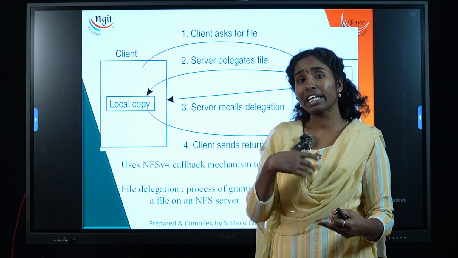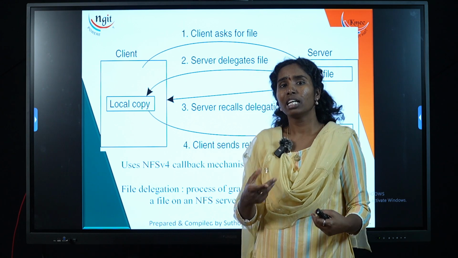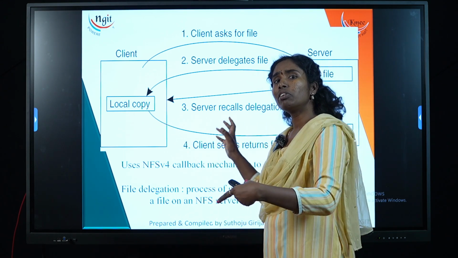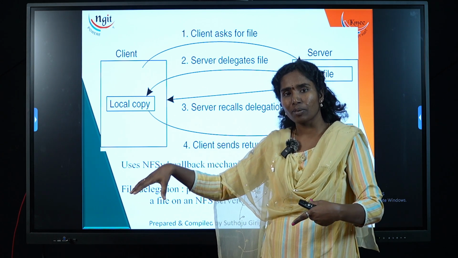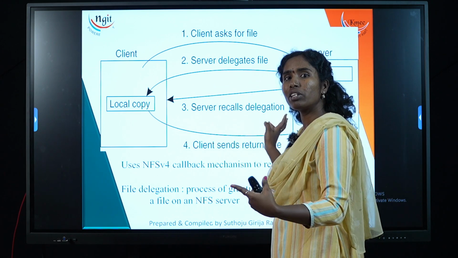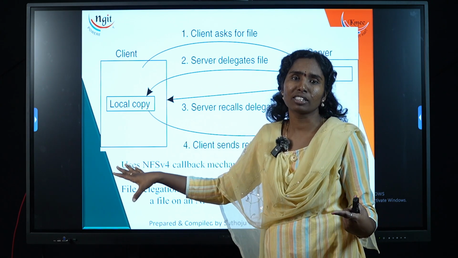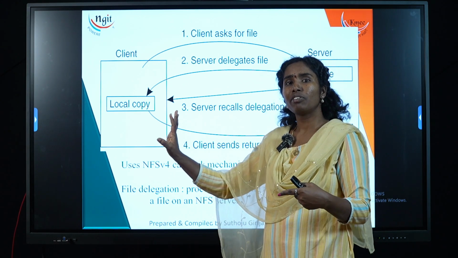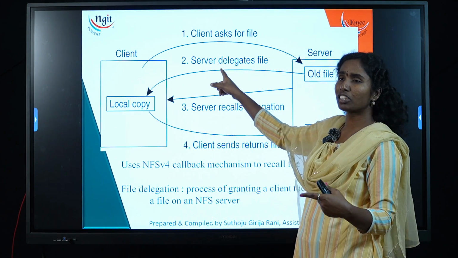What I mean by access is, if I as a client ask for read, the server will give me read access. If I ask for write, the server will give me write access. So writing and reading procedures take place with the delegation procedure.